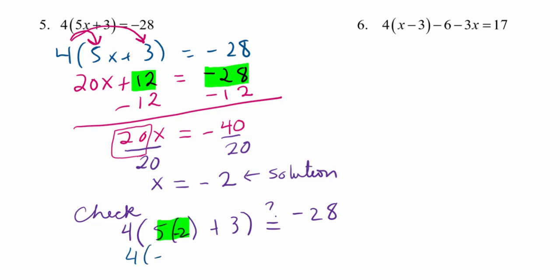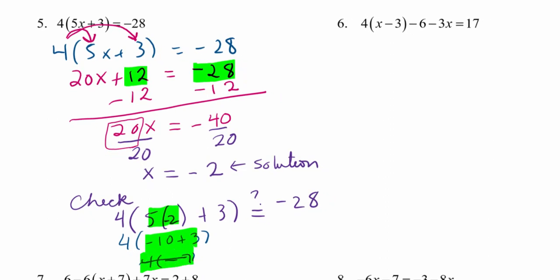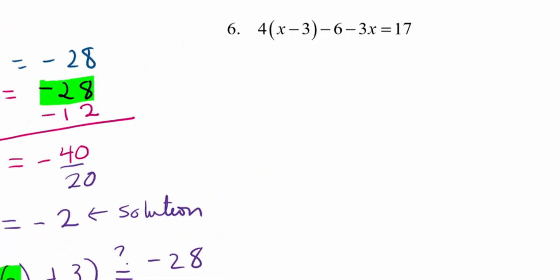So we have negative 10 plus 3, and then we're going to do the addition inside the parentheses next. And so that's a negative 7. And then we're going to do the multiplication here. 4 times negative 7, which is negative 28, is a good check.